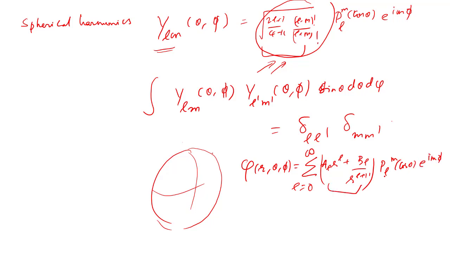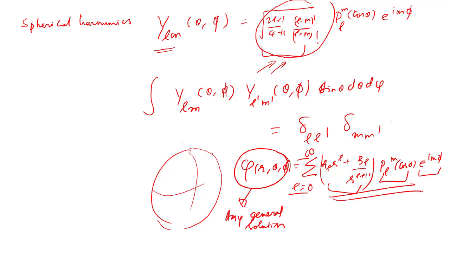So this is the r part, this is the theta part, and this is the phi part. And we are summing over L equal to 0 to infinity because what we are saying is that in general, any general solution can be expressed as a sum of these functions because these functions are independent.